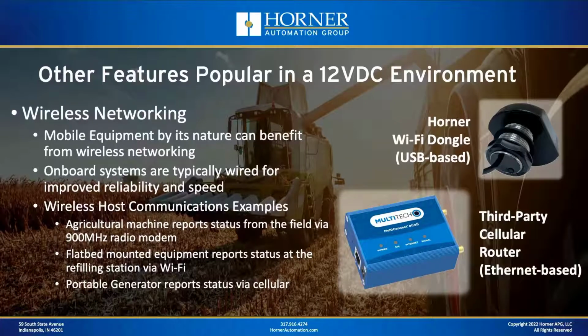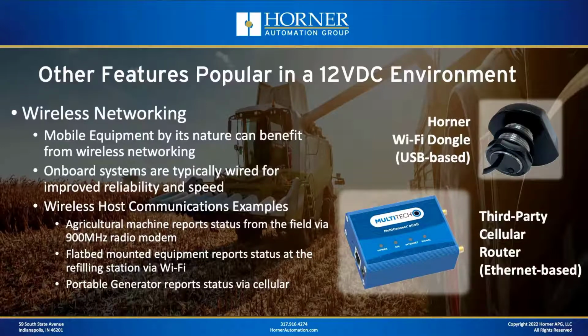However, if you've got some sort of agricultural machine that you want reporting status back to the host, you may want to do that over a wireless network, right? You're certainly not going to tether a cable to your piece of agricultural equipment that's moving around a field. So you might use, for instance, a 900 megahertz radio modem in that scenario. You might use cellular as well.